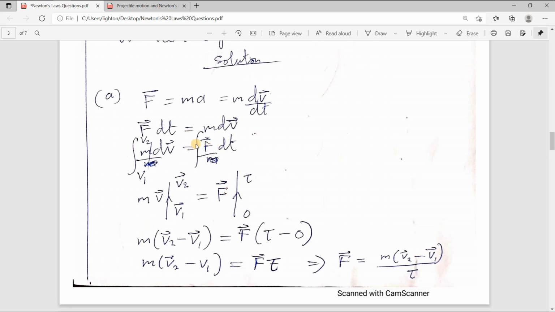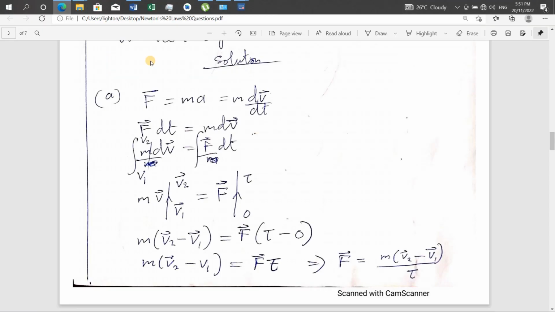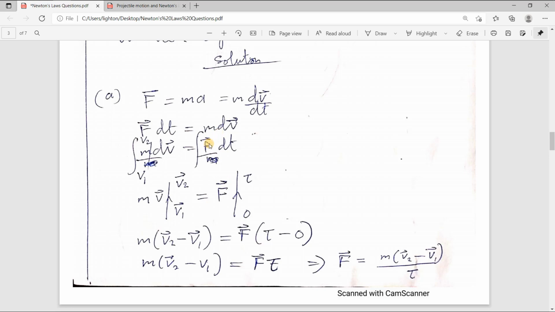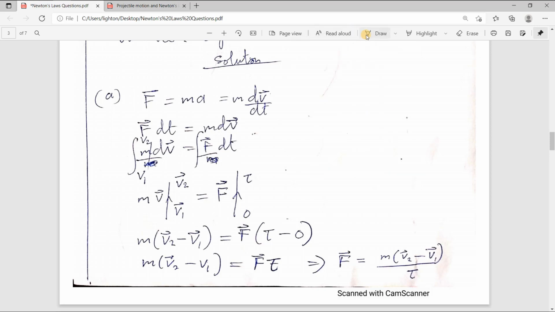F, we take it out since it's a constant force, and integrate the dt on its own. The integral of dt is just t. In fact, I should have a t here.